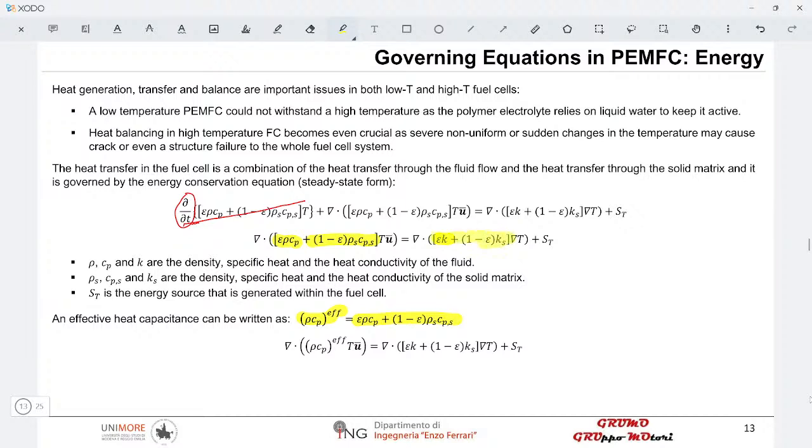Okay, so it's always the same approach. And this is because we are using a macrohomogeneous approach. So we only need to know how much volume is for the fluid and how much volume is for the solid. Okay, so again, very, very convenient. And then we have this source term ST. Okay, so this is the generic transport equation.